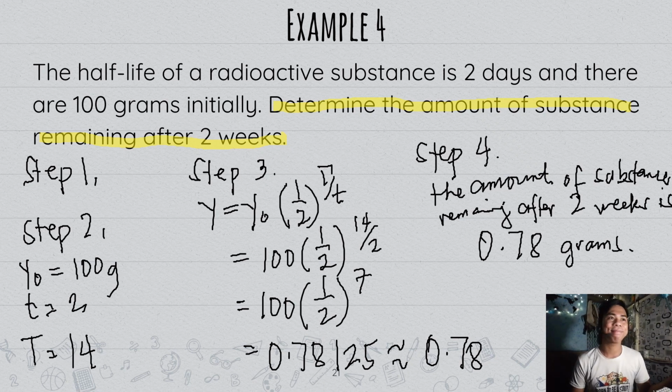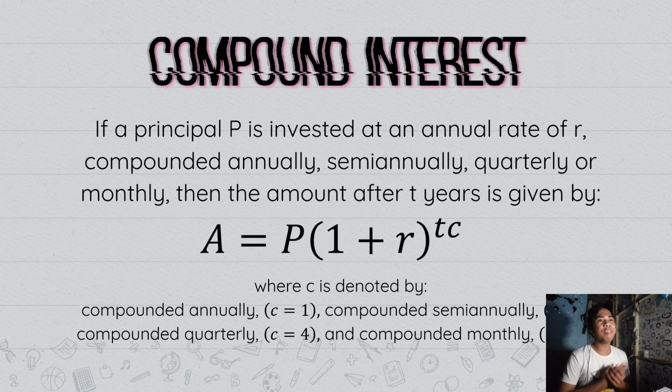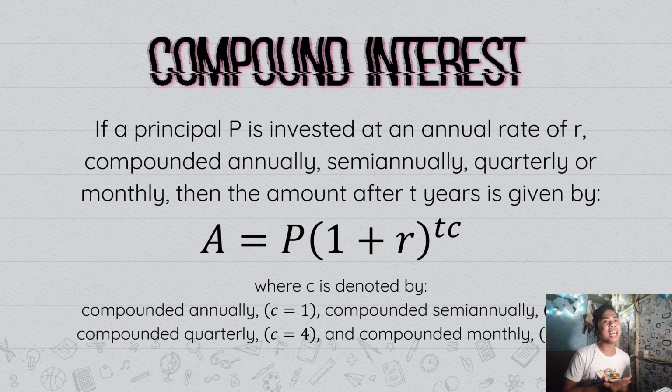Okay. So lastly, we have the compound interest. If a principal P is invested at an annual rate of R, compounded annually, semi-annually, quarterly, or monthly, then the amount after T years is given by A is equal to P times 1 plus R raised to TC, wherein C denotes how often it is compounded.